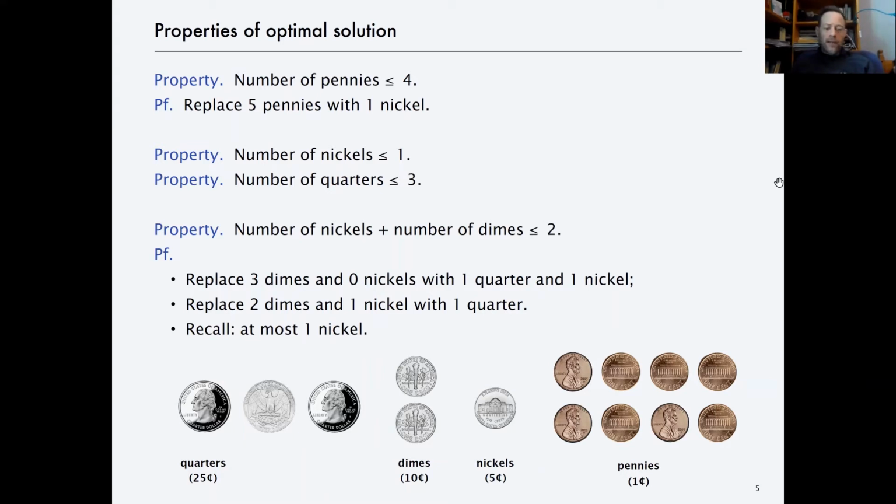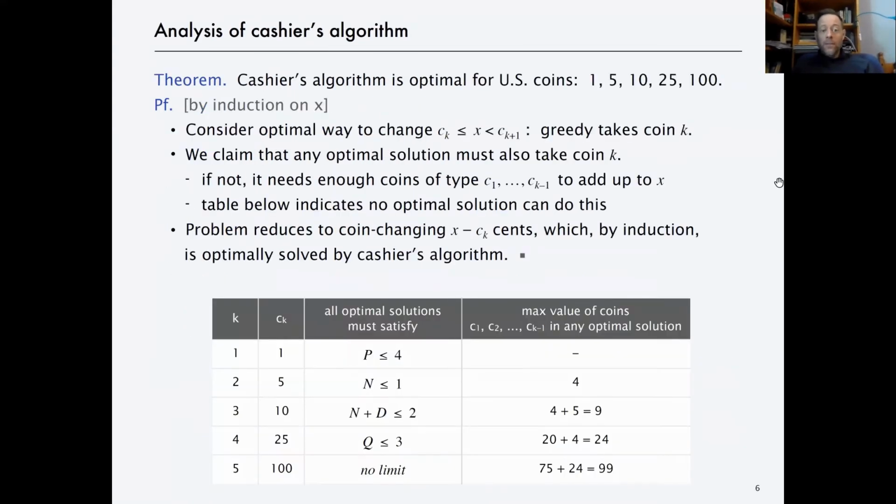We can also prove that the number of nickels plus the number of dimes has to be less than 2. Because if there are 3, we know there cannot be 2 nickels, so it has to be 1 nickel and 2 dimes. And of course, that is 25, so then it's a quarter, and so on. So we can prove a number of properties, and then use these properties to prove that this cashier's algorithm is optimal for US coins.